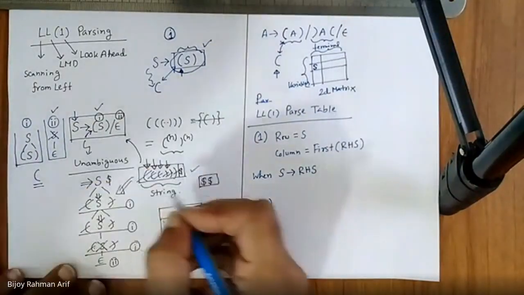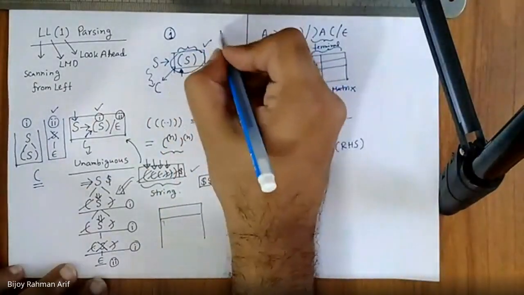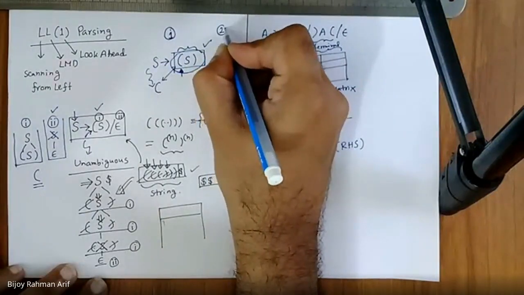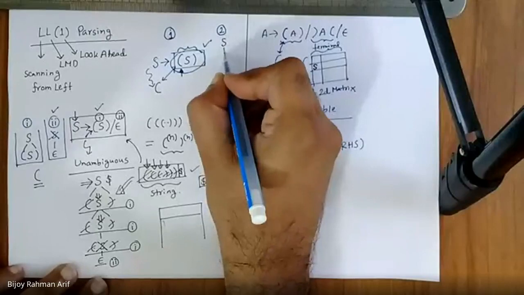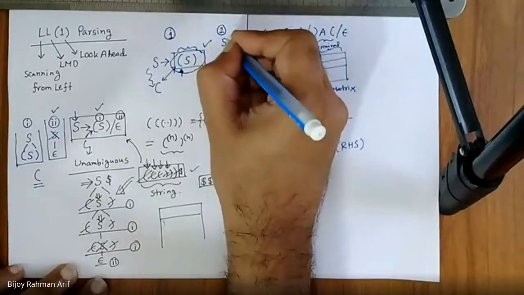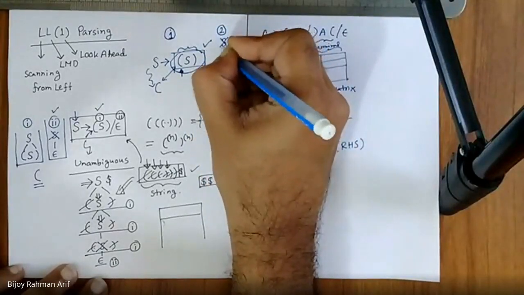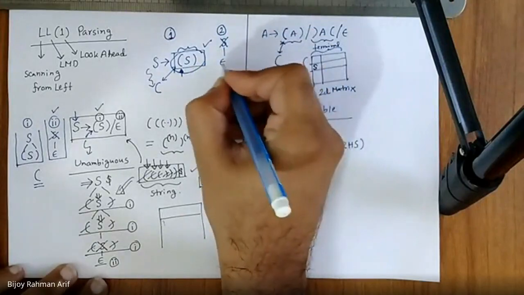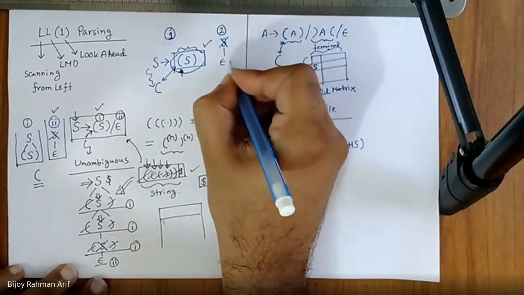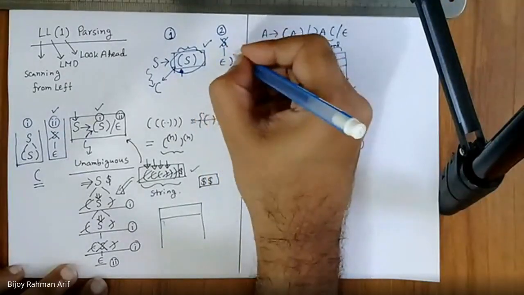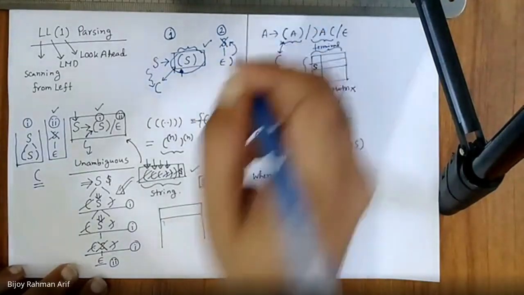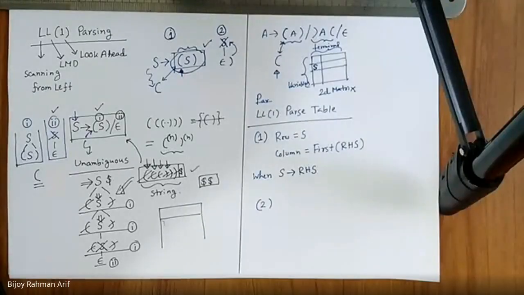When do I use rule number two? Now see, if S derives to epsilon, that means S is vanishing. If S vanishes, whatever comes after this one, in this case the close parenthesis, what is the relation between the close parenthesis and S? Follow of S. Am I right? Definitely.